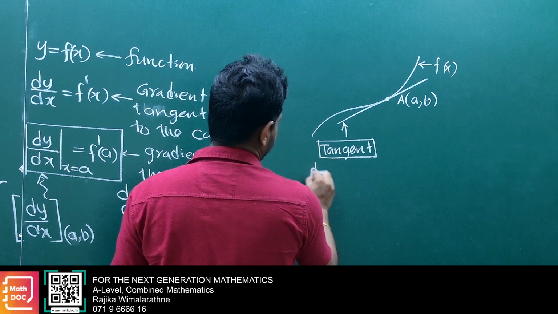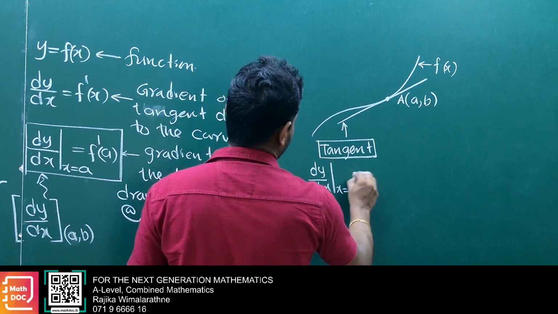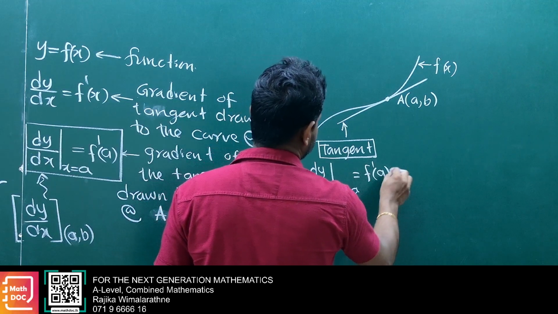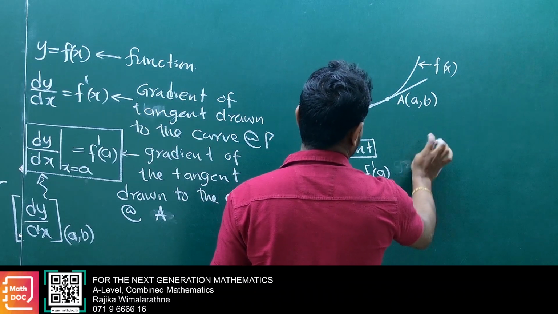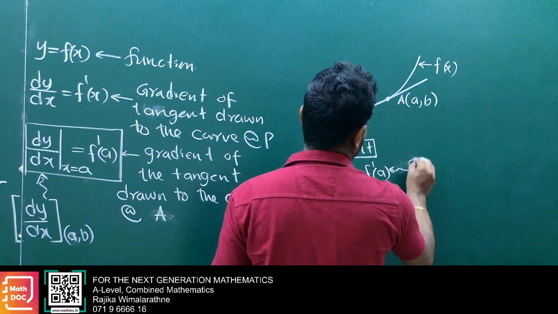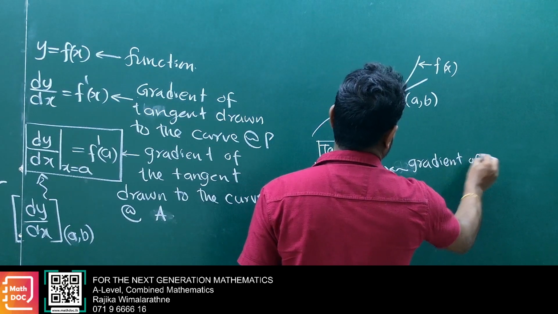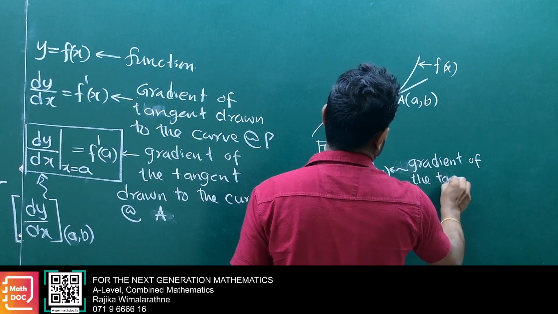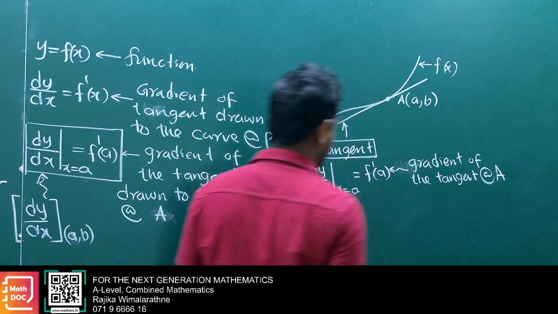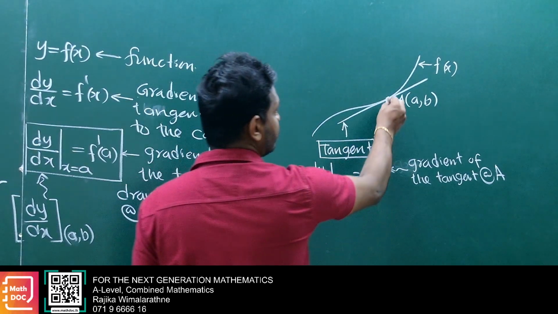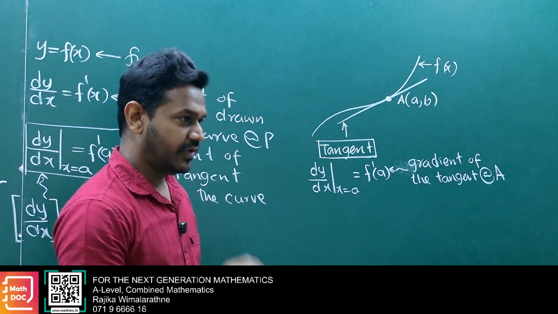Then dy/dx at x = a, or f'(a), means the gradient of the tangent at a. Here this is the gradient and we know the point.